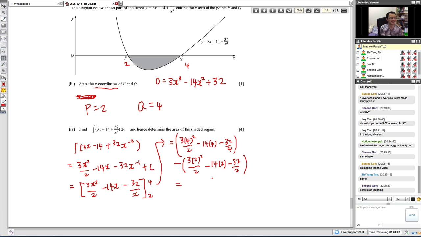When you have the limit, let's say 2 to 4, you no longer have c. So the c will be gone in the next step because I substitute 4 and 2 into the x later. Then you just use the calculator, solve it, and you will get the final correct answer. Okay? Anything you want to ask me?